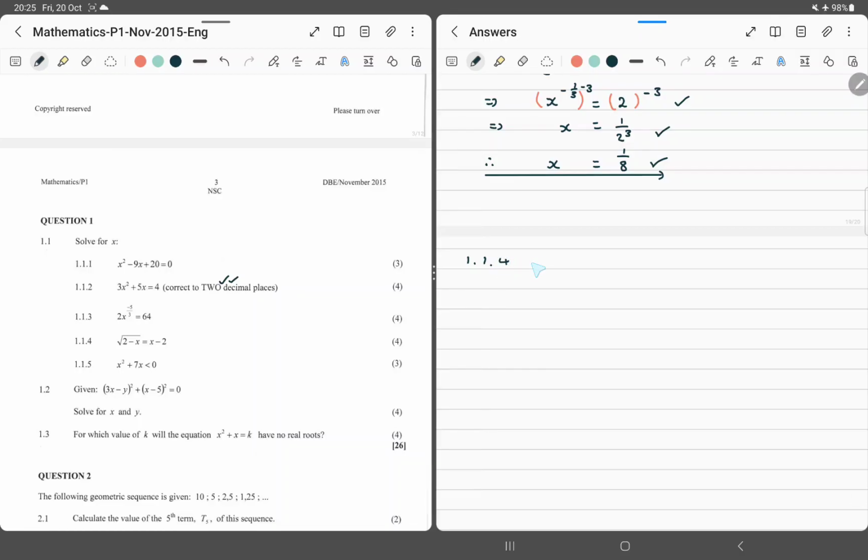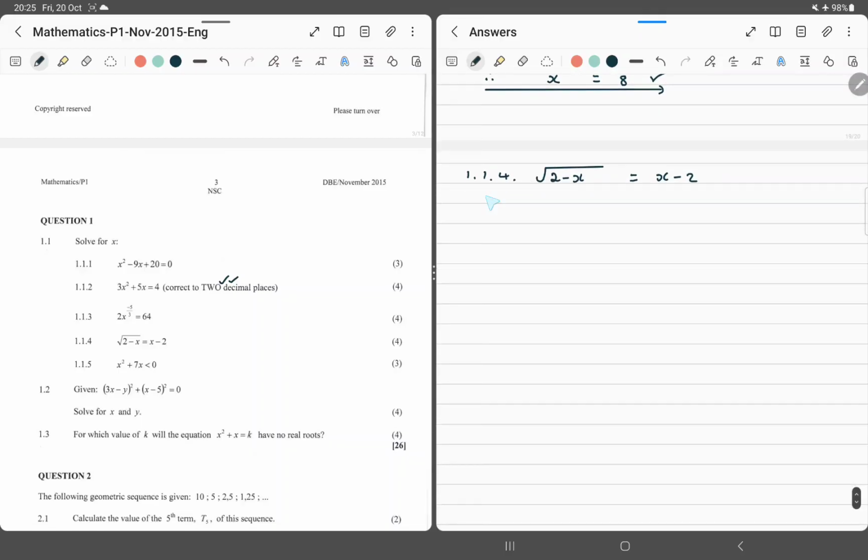1.1.4. So we've got the square root of 2 minus x is equal to x minus 2. Alright, so we repeat this so that we can work on it. At this step, we do inverse operations to try and get rid of the square root sign.